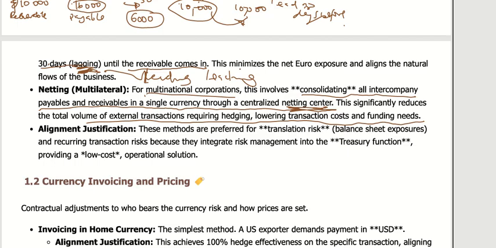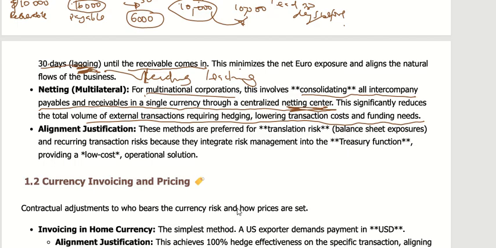Definitely helps with the issue of the translational risk that we talked about, which is the balance sheet risk. Let me see if we can look at a quick example. Imagine a situation where we have got 3 subsidiaries.